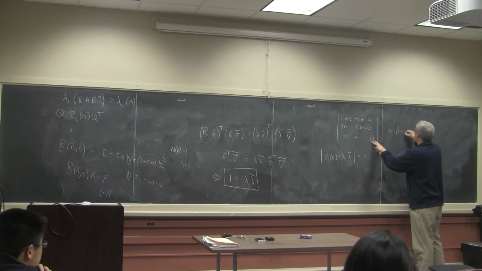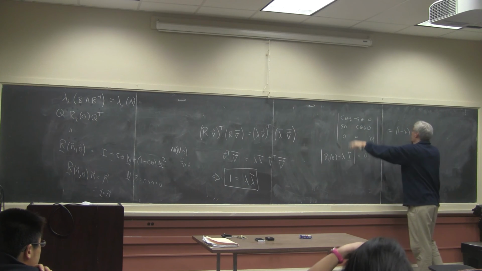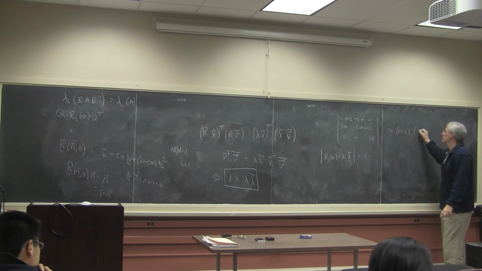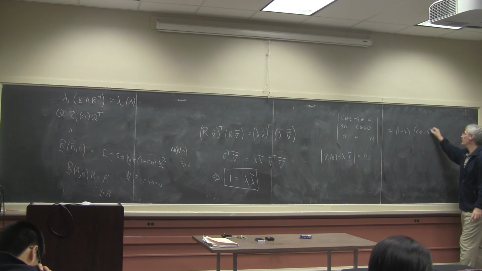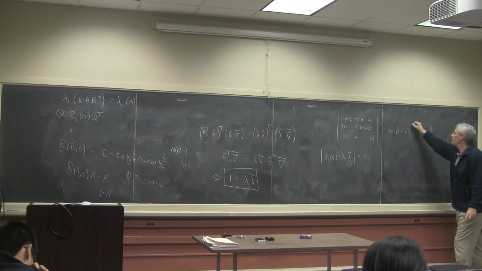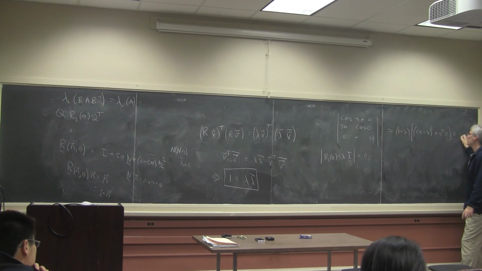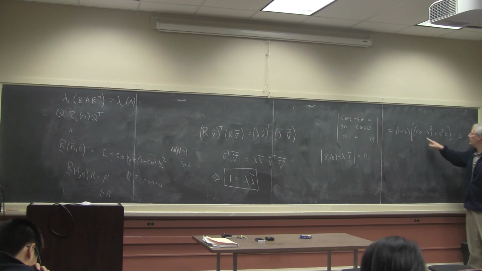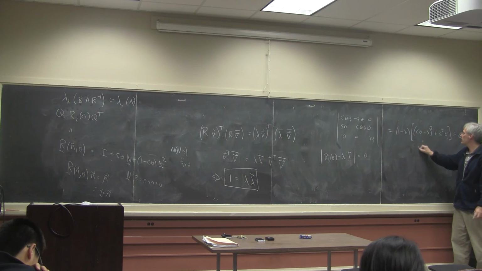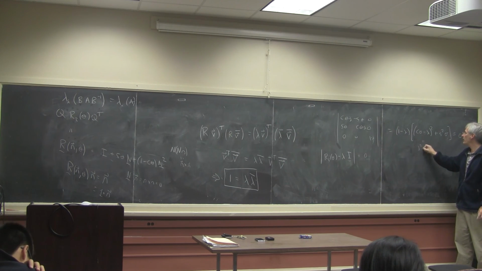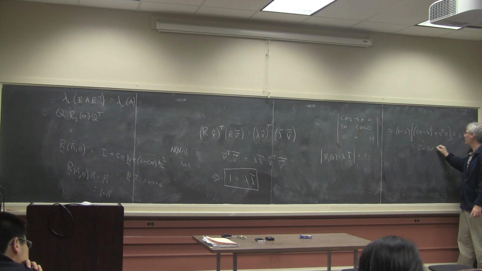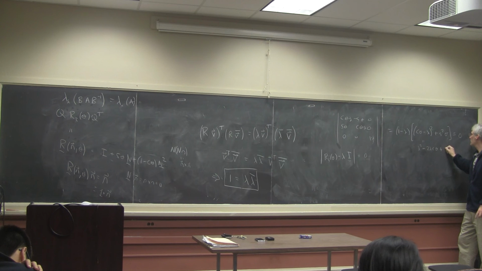So this is 1 minus lambda times the determinant of this block, which is cosine theta minus lambda squared, this times this minus this times this, which is plus sine squared theta, equal to 0. Now if we expand this out, this is going to be lambda squared minus 2 lambda cosine theta plus cosine squared theta.